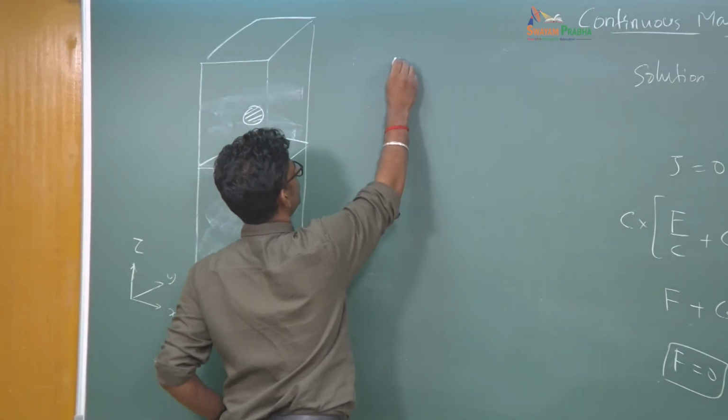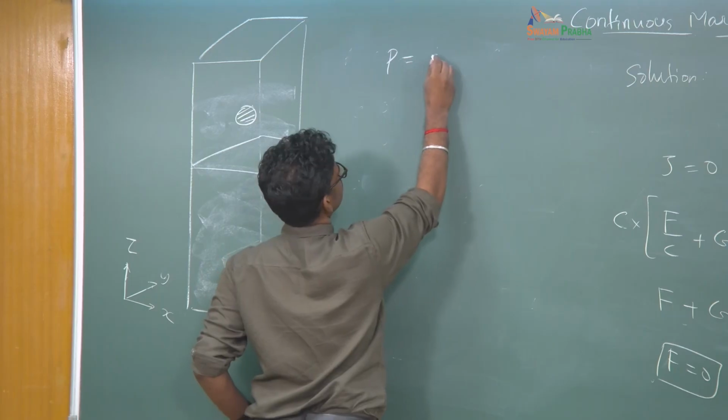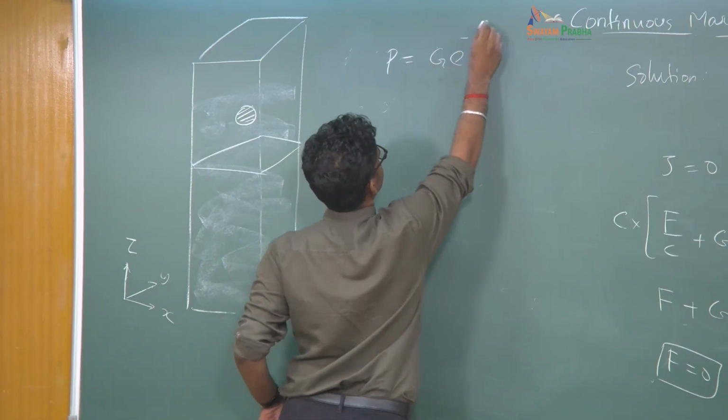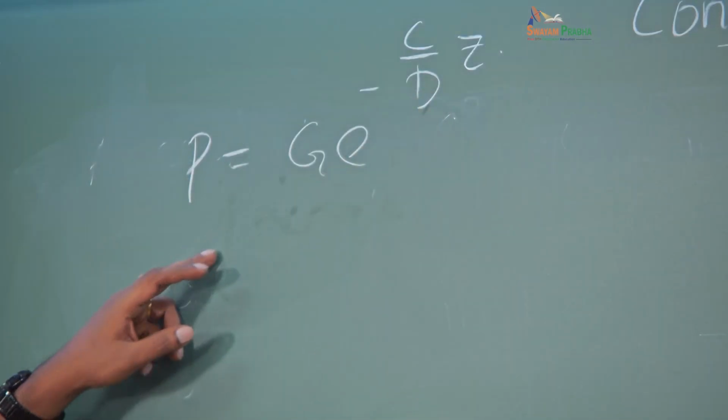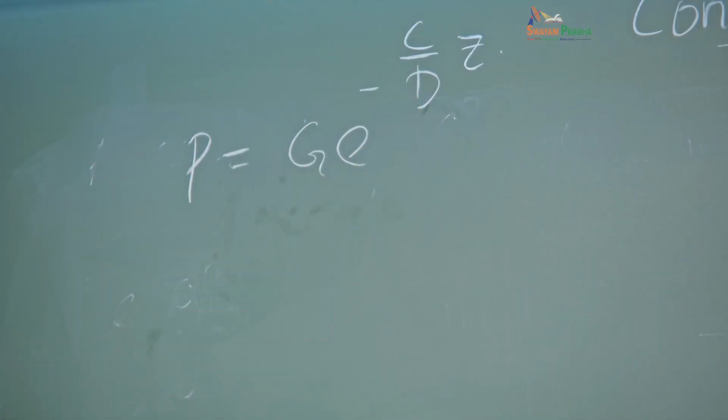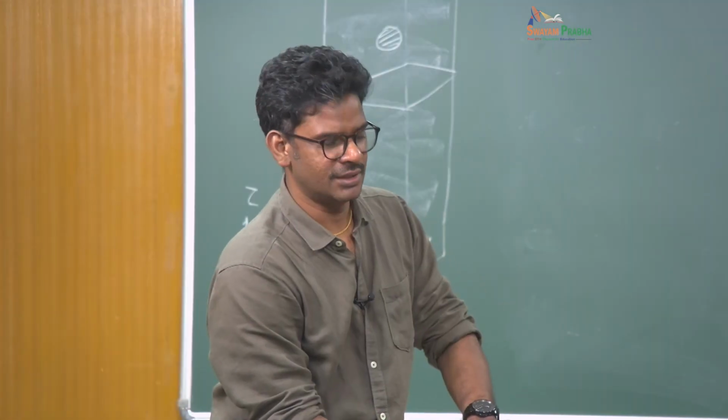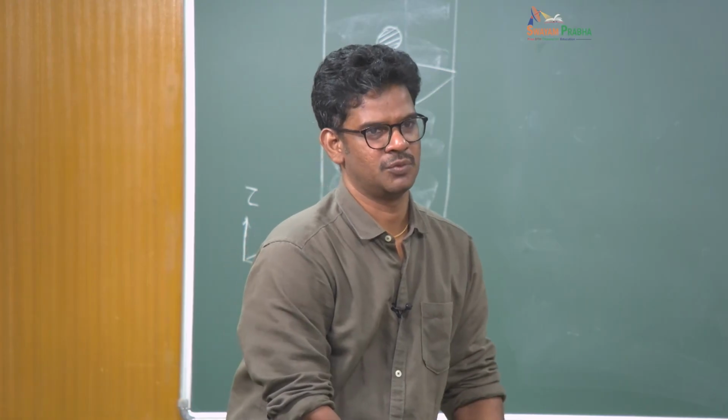Now this P, which is given as G times e to the power minus C/D z, what can you say about this constant G? How do we find G? Yes, you're going to normalize it because it's a probability distribution function. The integral of this over z from 0 to infinity should give you 1.